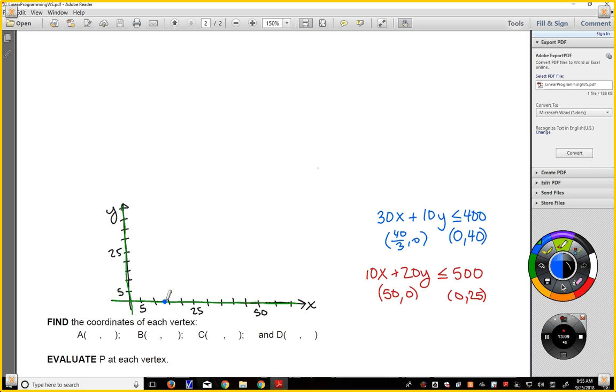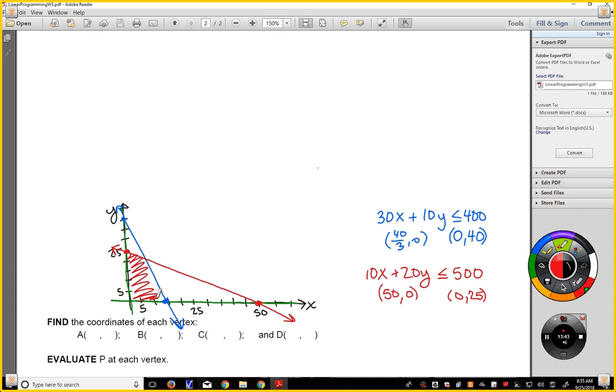And then 40 as my y: 25, 30, 35, 40. Okay, gives us something that looks something like this. And this second constraint on cost gave us that x-intercept of 50 and the y-intercept of 25. So that line looks something like this. So our feasible region, the choices we have, are covered by that quadrilateral that we've graphed right there.